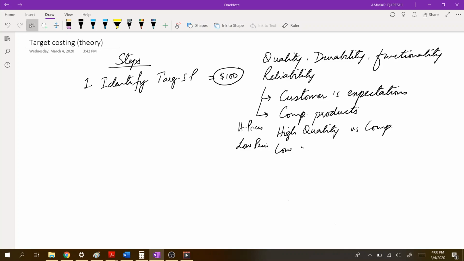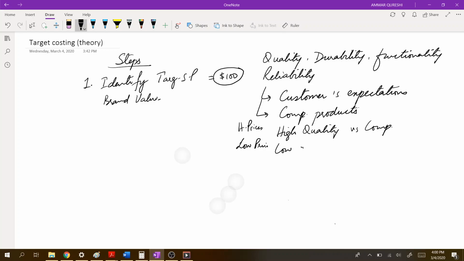So we have to identify the selling price, and for the development of the selling price, we have to consider a few more aspects as well. Competitor price is important. What kind of product the competitor is launching is important. Then you have to compare the brand value. Now, what is the brand value concept?